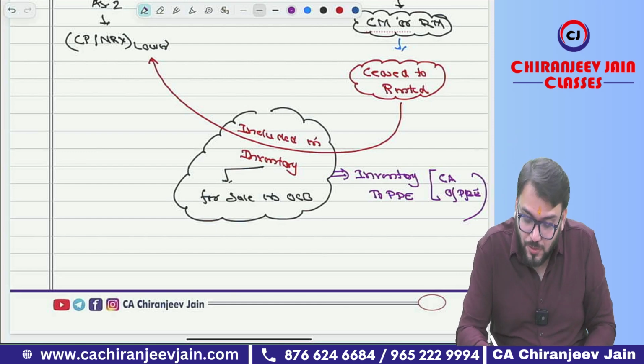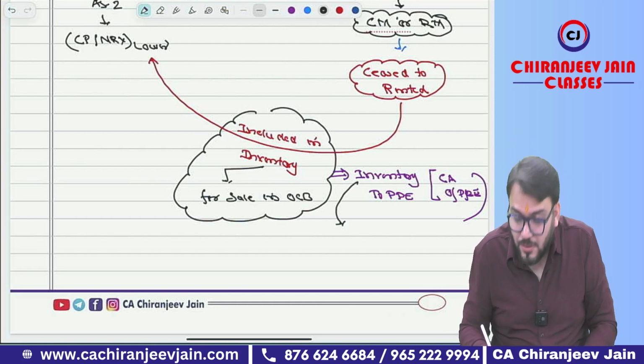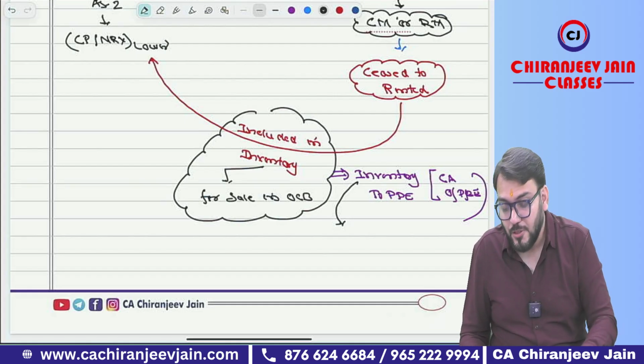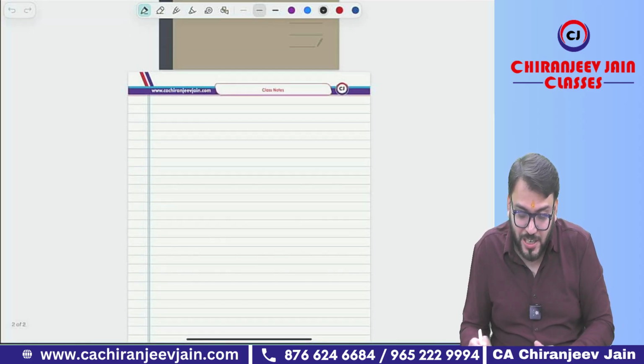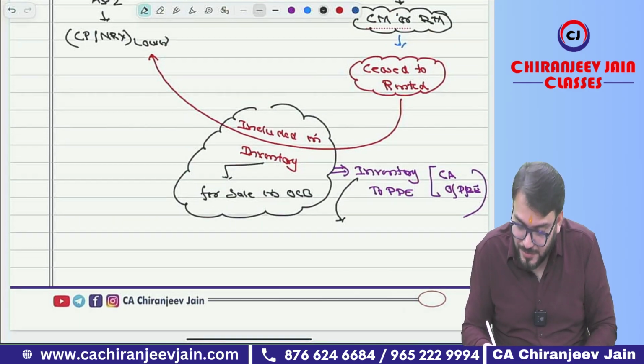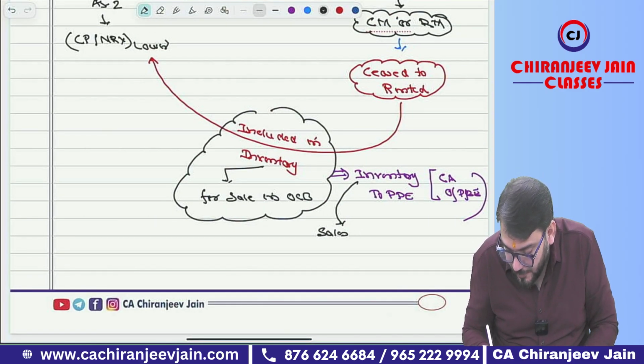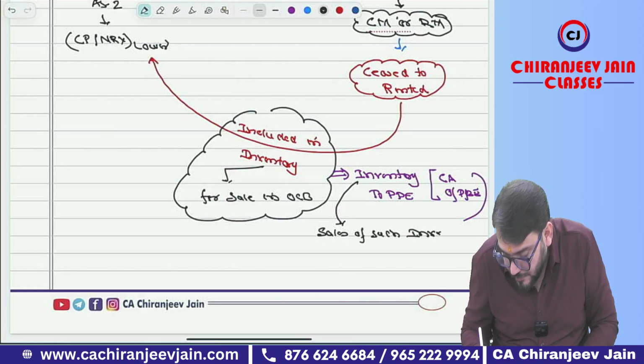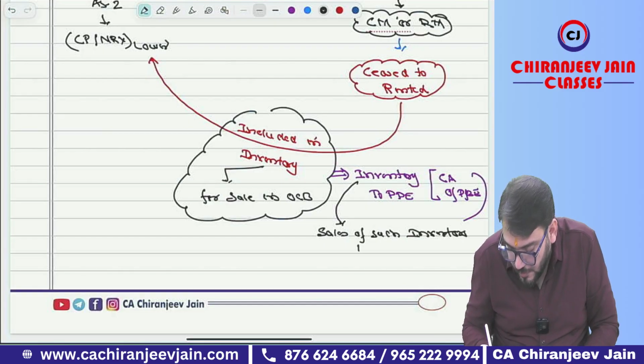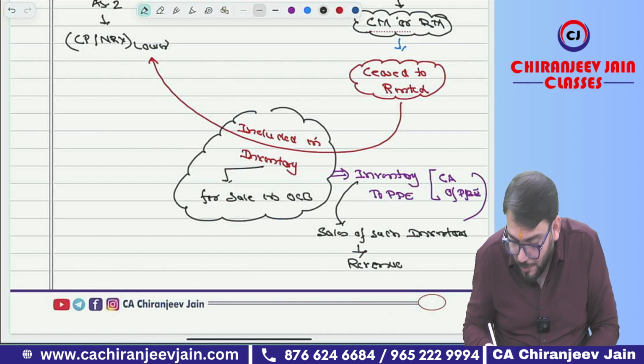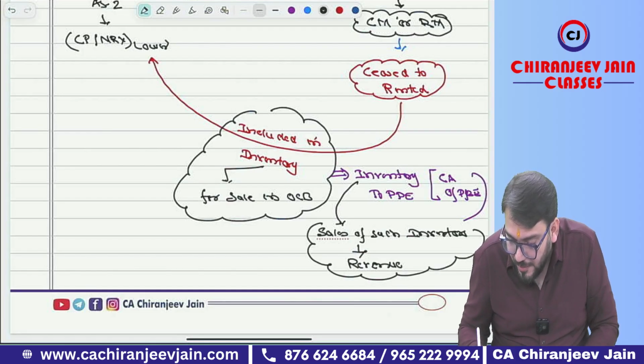Understood? Now there will be sale of such inventory. What AS10 says is that the sale of such inventory will be classified as revenue. This will be revenue in PL.